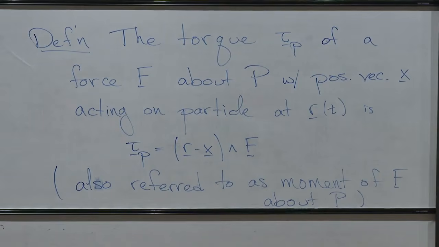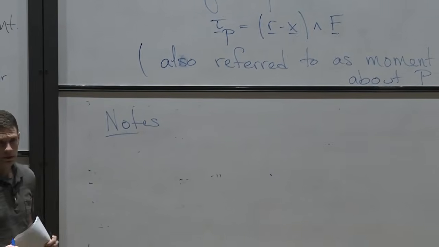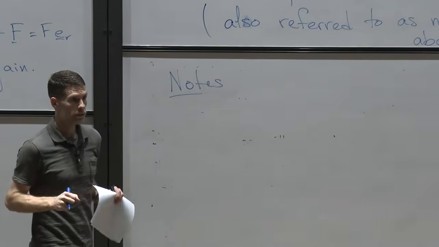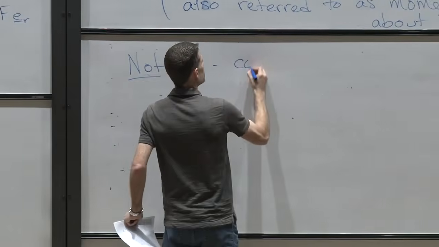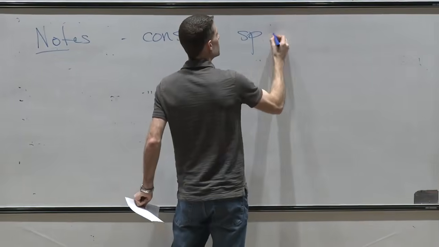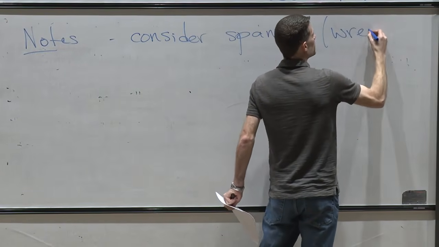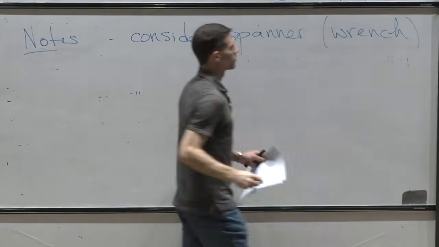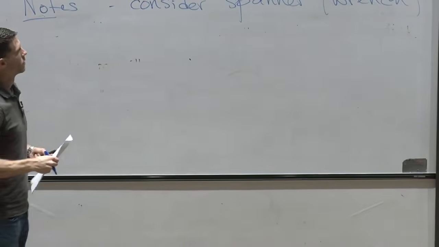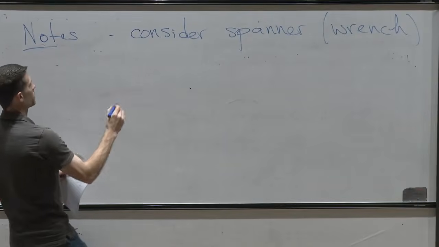Okay, so to make some sense of that, the easiest thing to think about is tightening a bolt. So consider a spanner, or what I would call a wrench. Okay, let's try a little picture here.